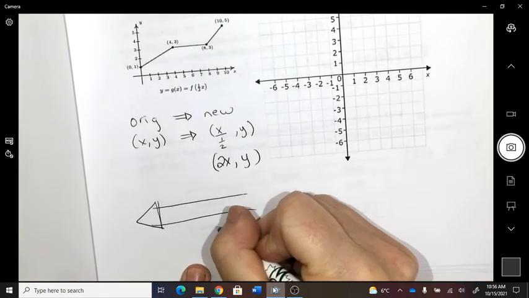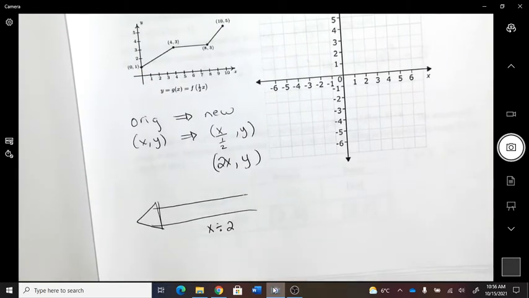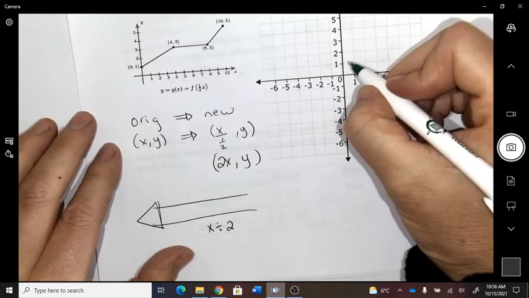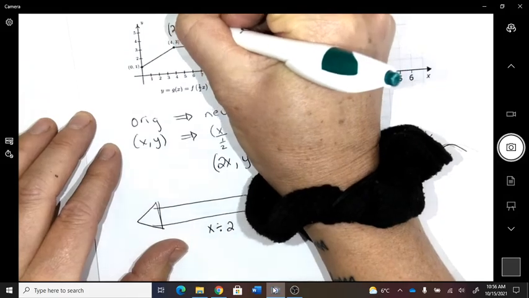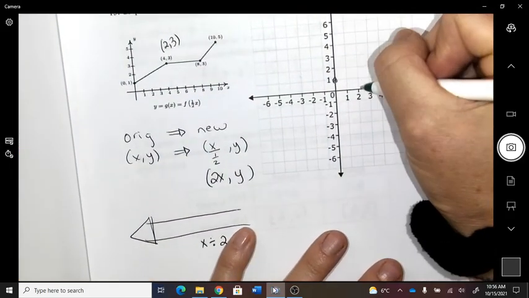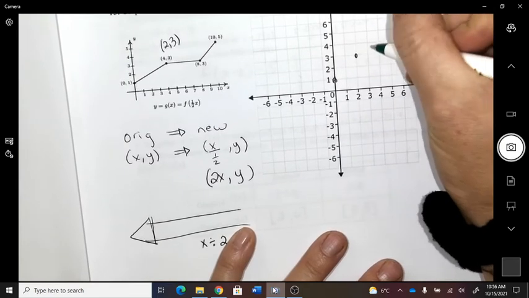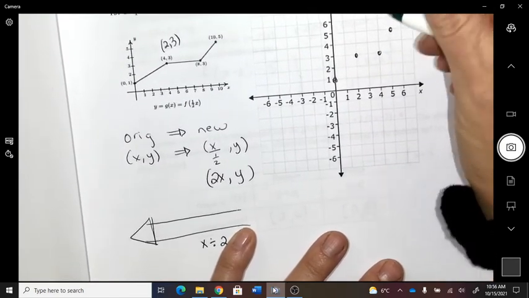So here I better be dividing x by 2 to go backwards. So 0, 1 stays. That becomes 2, 3, 4, 3, and 5, 5.